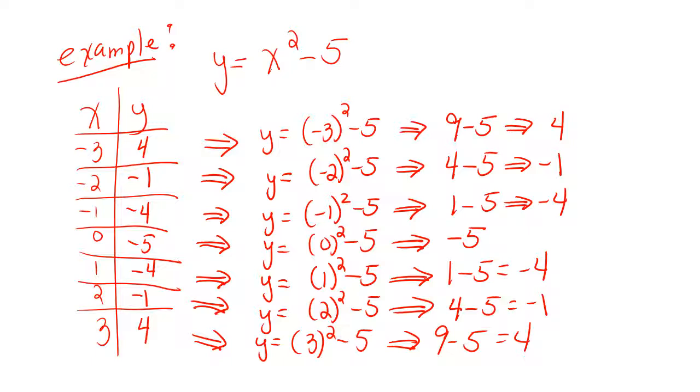Now, using these values, we would graph. I have negative 3, positive 4, and place a point. Negative 2, and then negative 1. Negative 1 goes down to negative 4. 0 is at negative 5.